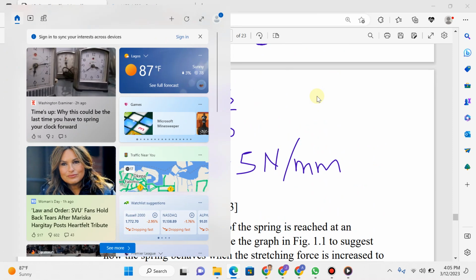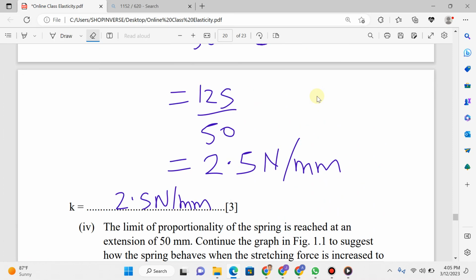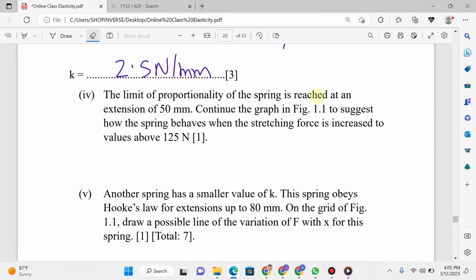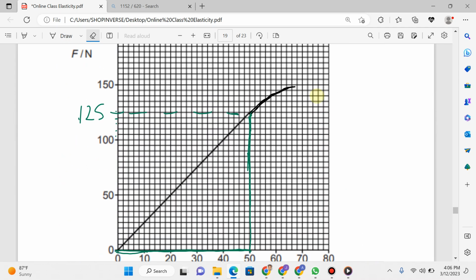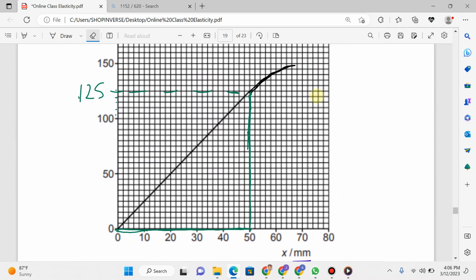So the spring constant determines the stiffness of the slope, and it has a smaller value of K. So every additional force produces greater extension. That's what smaller value of K means.